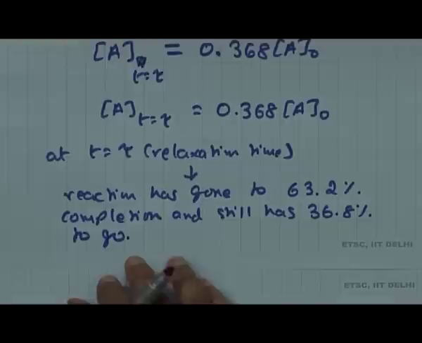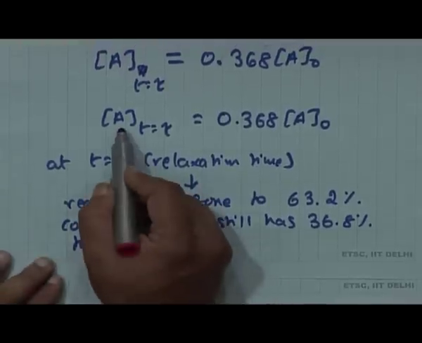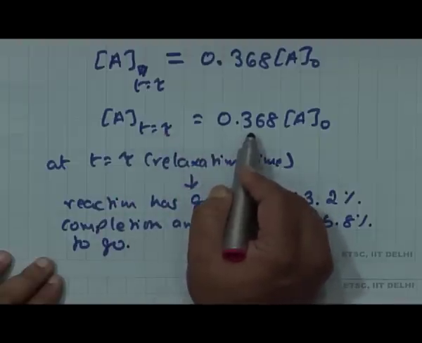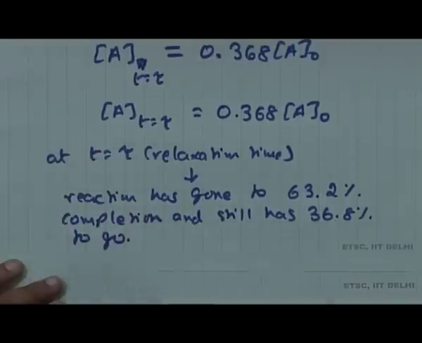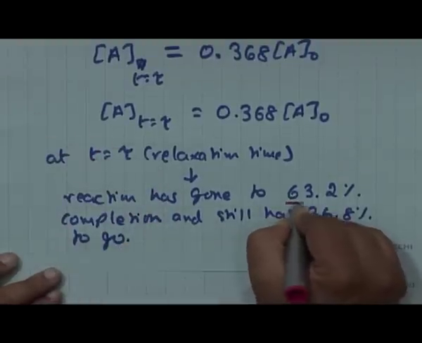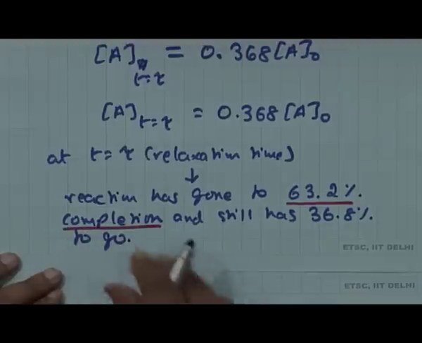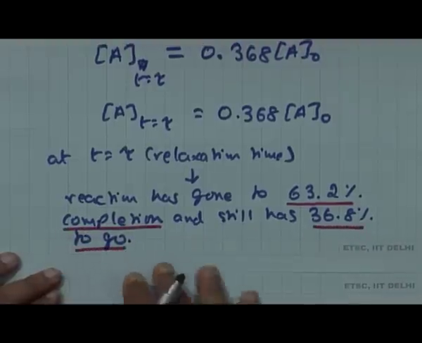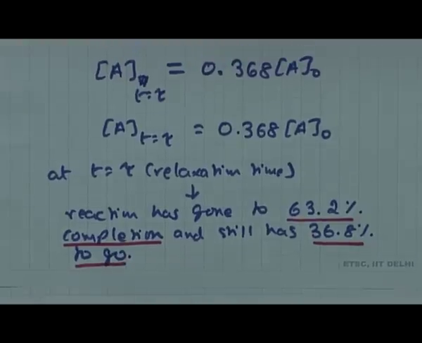So again, what is this relaxation time? It is the time where the concentration of A at t equal to tau has decreased to 0.368 of A0, and in words it means that the reaction has gone to 63.2% completion and still has 36.8% to go. So that is the definition of a relaxation time.